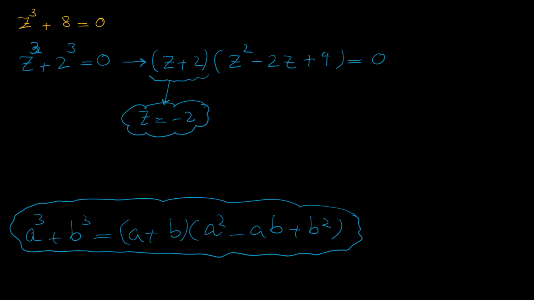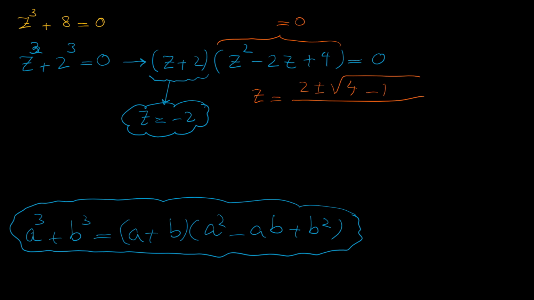And for finding the other solutions, we have to set this equal to 0 and solve for z. For finding z, we use the quadratic formula. Based on the quadratic formula, z is 2 plus minus radical b squared, which is 4, minus 4ac, which would be minus 16, all over 2. z equals 2 plus minus radical negative 12, over 2.